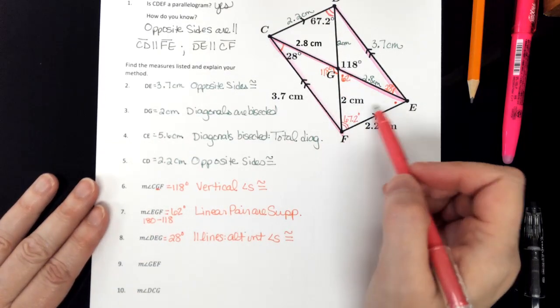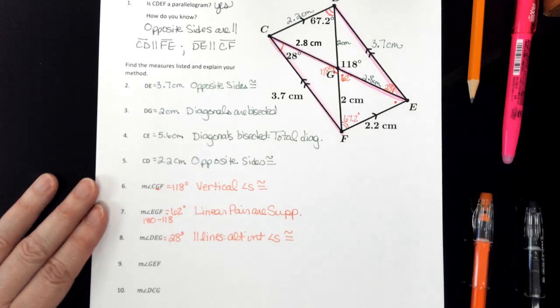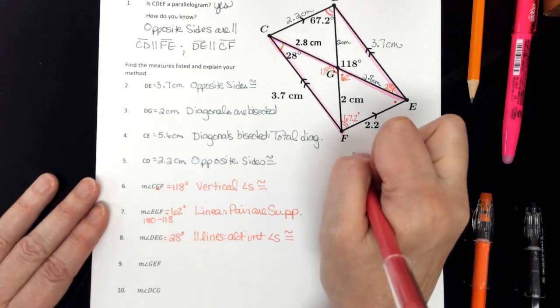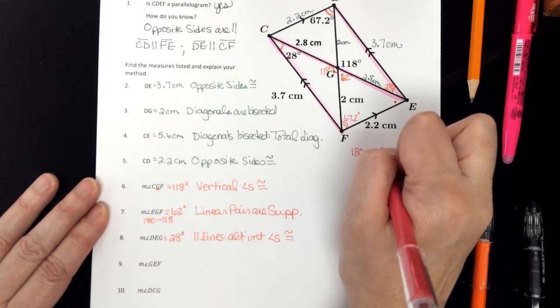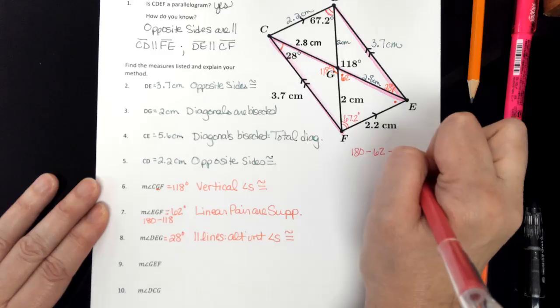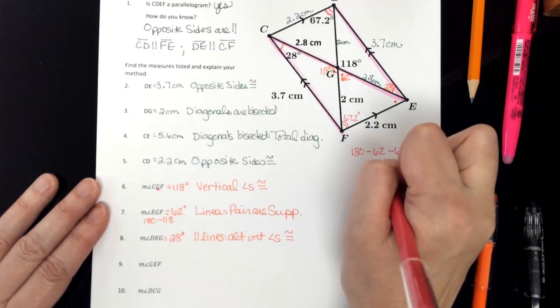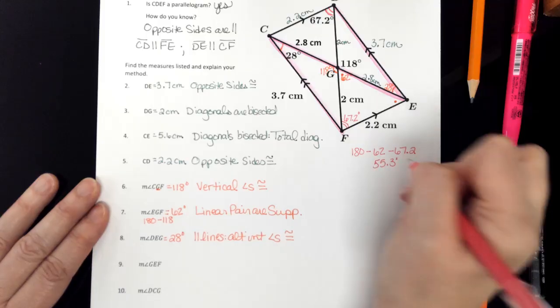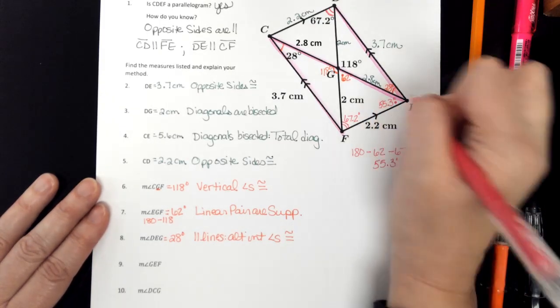So now I have a triangle in which I know two of the angles. I should be able to find the third angle. If I take 180 degrees and subtract the 62 and subtract the 67.2, I end up with 55.3 degrees.